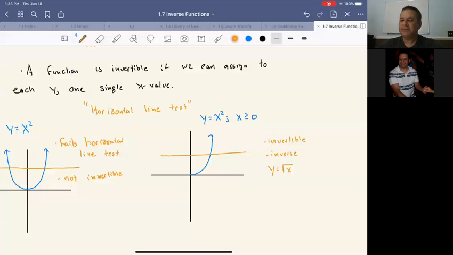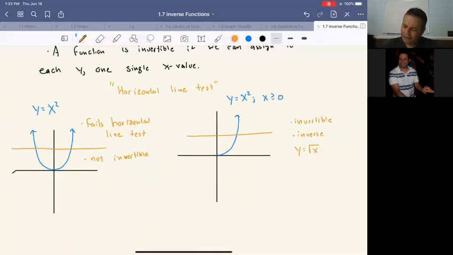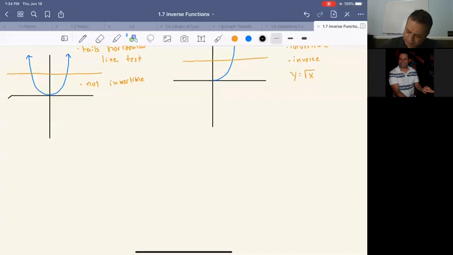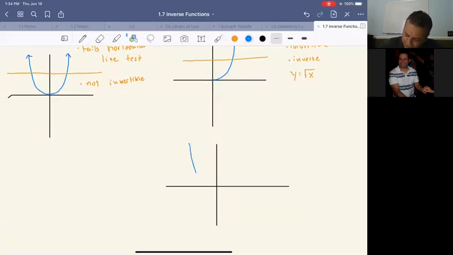Now I could have done it another way, and why not? I could have restricted it over here. I could have said y equals x squared with x less than or equal to 0.